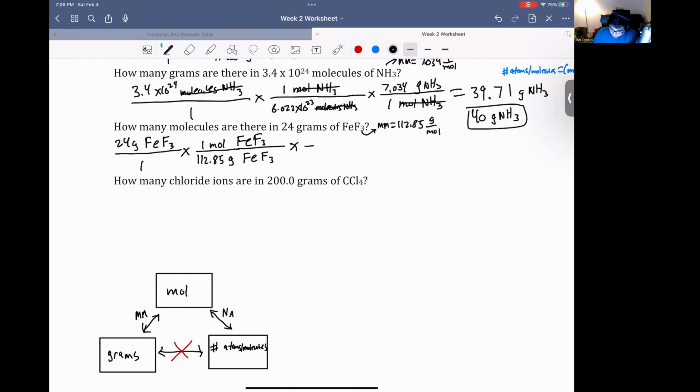And then we keep going here. So now we want to go ahead and use Avogadro's number to relate moles to number of molecules.